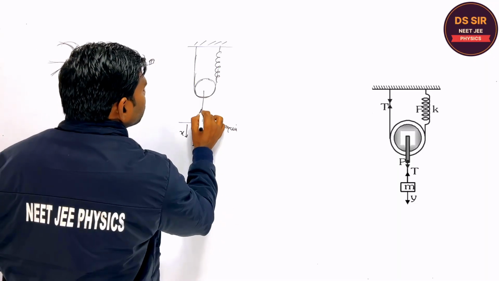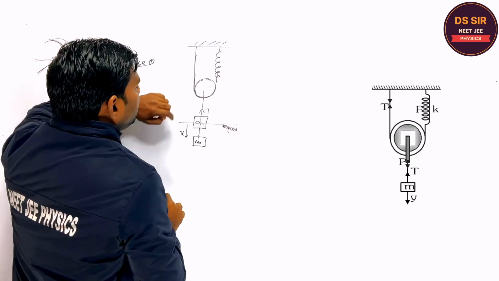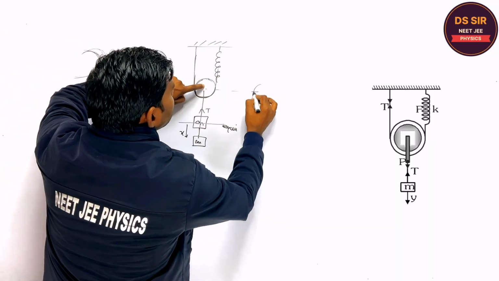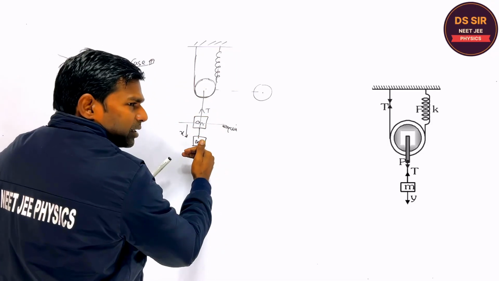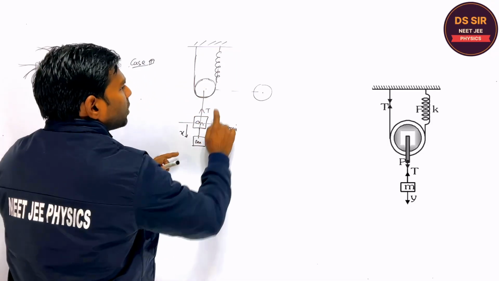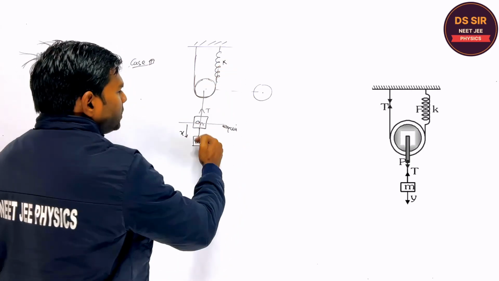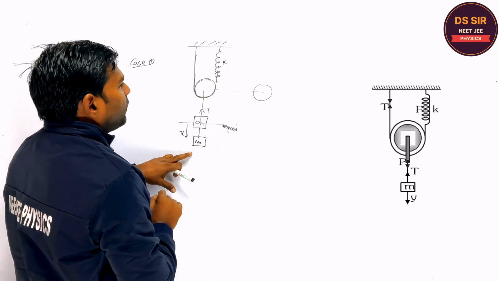The restoring force will be T dash over here, or you may assume this T. So you tell me, listen one thing, if there is a displacement in the block x downward, what is the elongation in this spring? Can you tell? How to find?